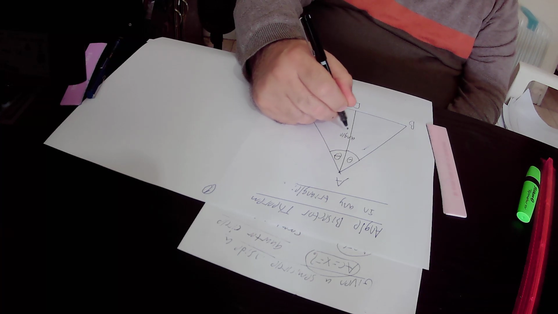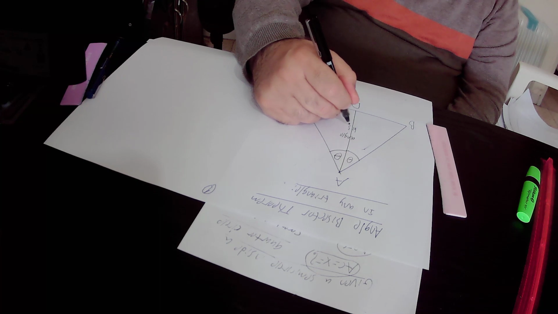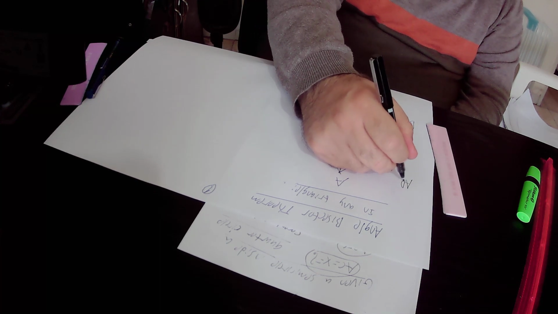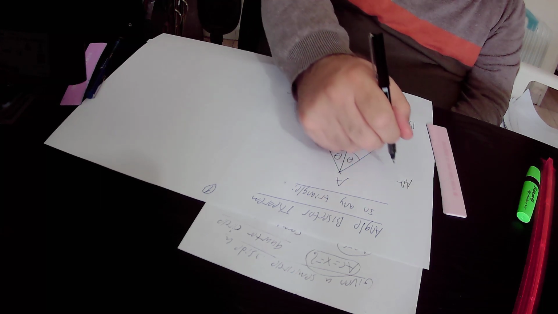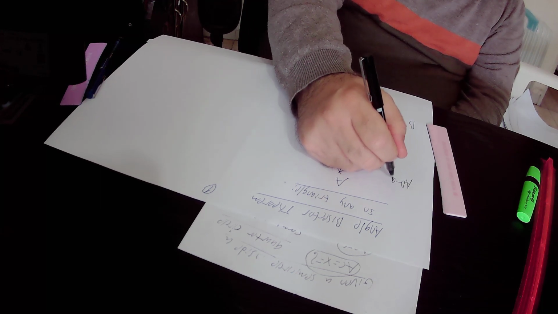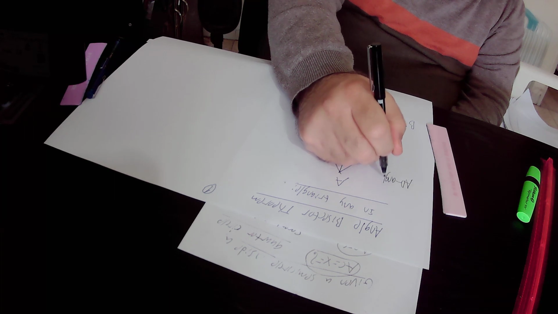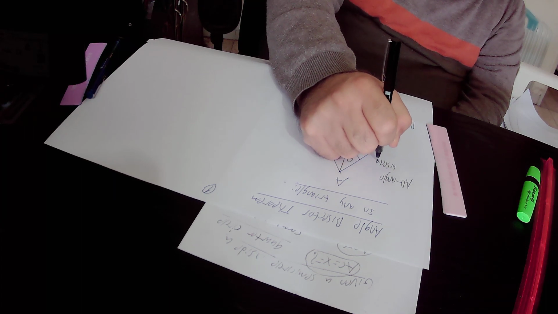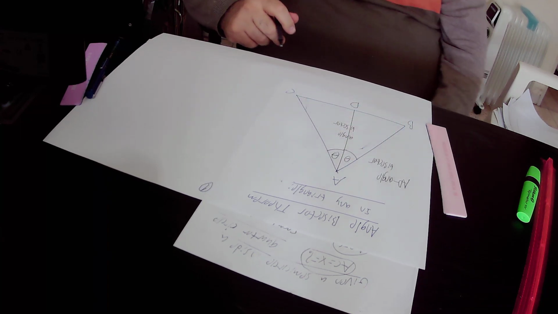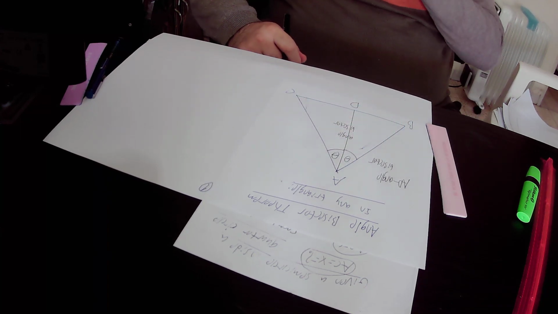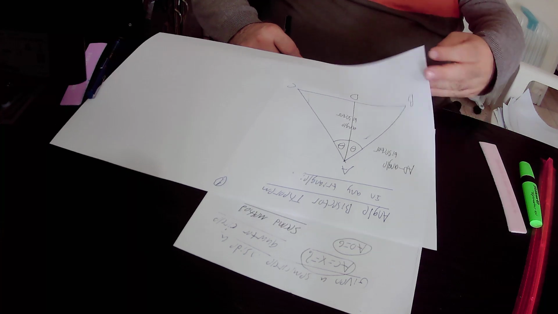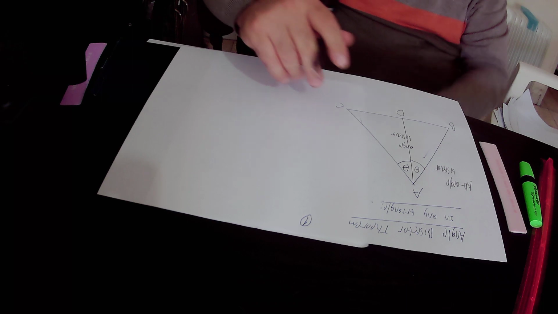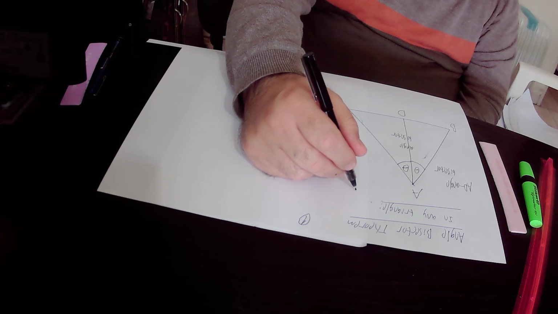So right here, AD is the angle bisector of angle BAC. Okay. According to the angle bisector theorem, the angle bisector in a triangle divides the side that it meets.